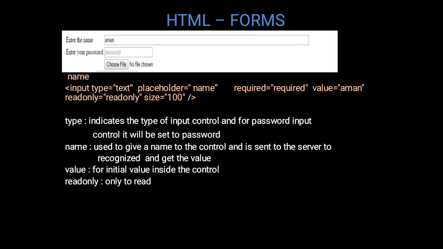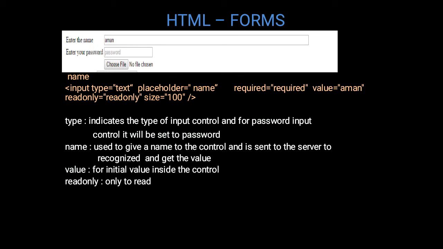Then okay, what is required? So required equals, in quotes, required. When you're filling some forms, there is essential data to be filled. If you don't fill it, you won't be able to submit your form. Usually they are your name and email ID. So when you put required equals required in any input, the form won't accept submission unless you have filled that particular entry.